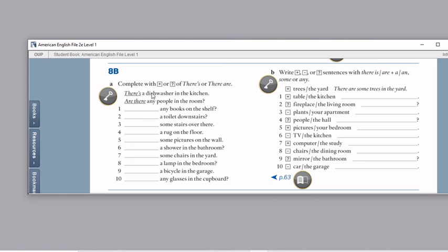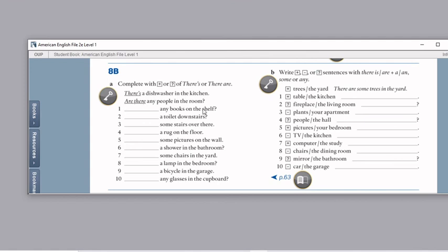Dishwasher is singular, so you use there's. There's a dishwasher in the kitchen. You describe the existence of a dishwasher in the kitchen. Now, interrogative symbol. Any people in the room. People is plural. Any is for plural. It's a question. So, are there?